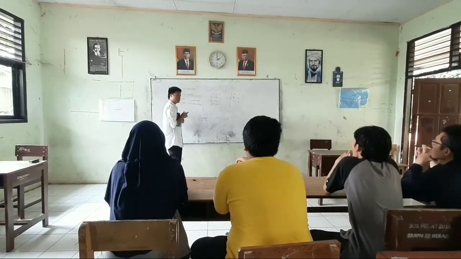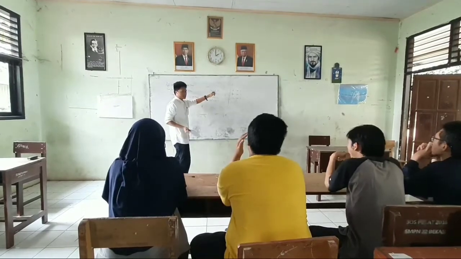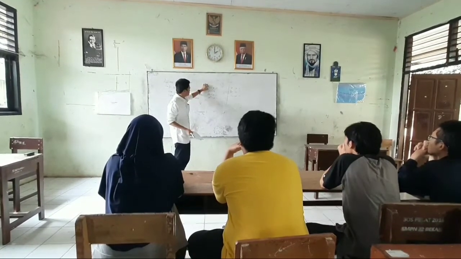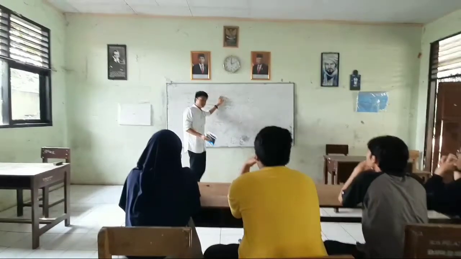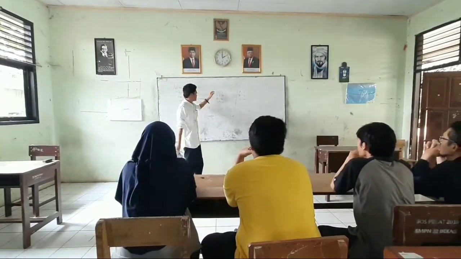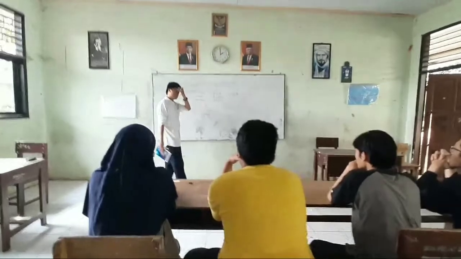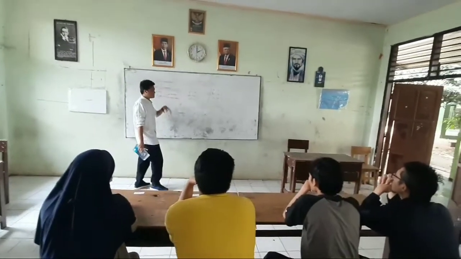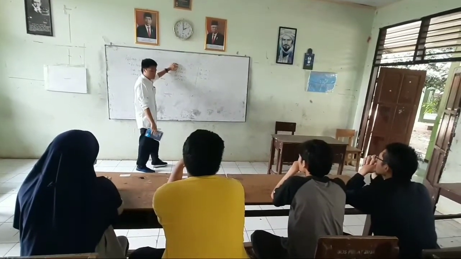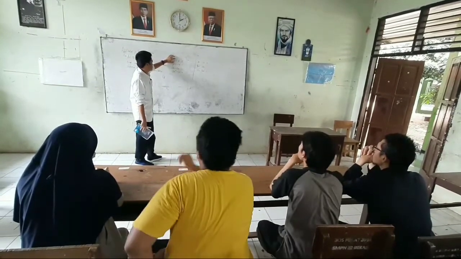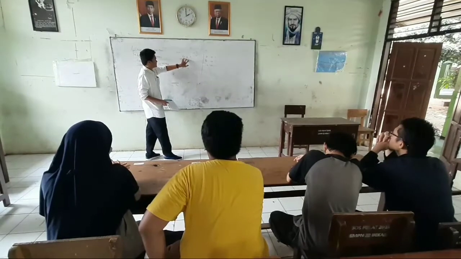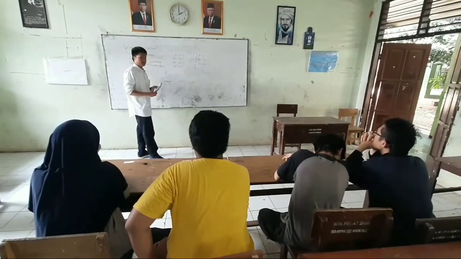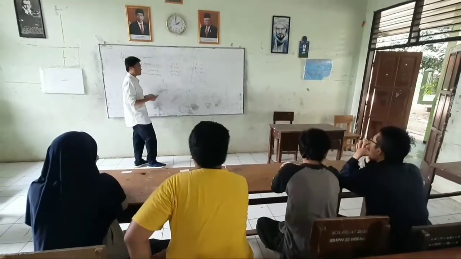First thing we have to see is A plus A. Both terms have the same variable, the variable is A, and the same index value, the index value is 1. So the addition is the same as 1 plus 1. 1 plus 1 is 2.